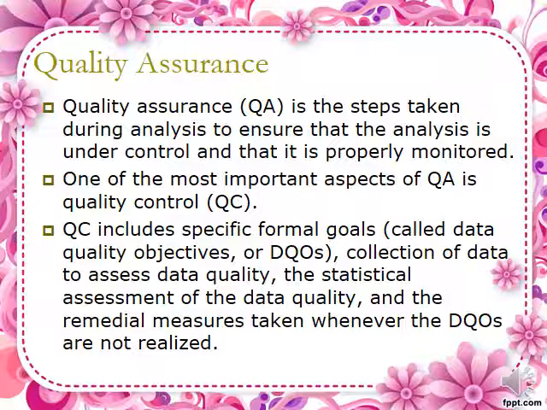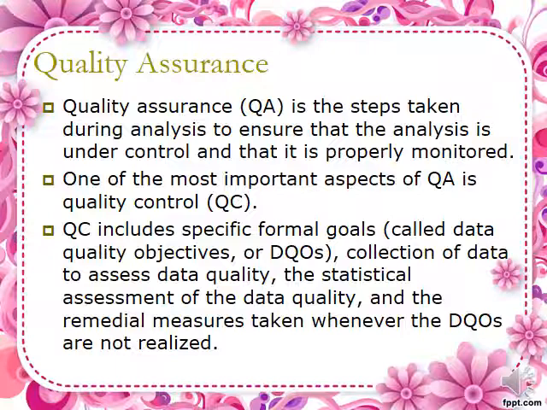Okay, one of the most important aspects of quality assurance is quality control. Quality control includes specific formal goals, which means they must achieve the objective. We call them data quality objectives.